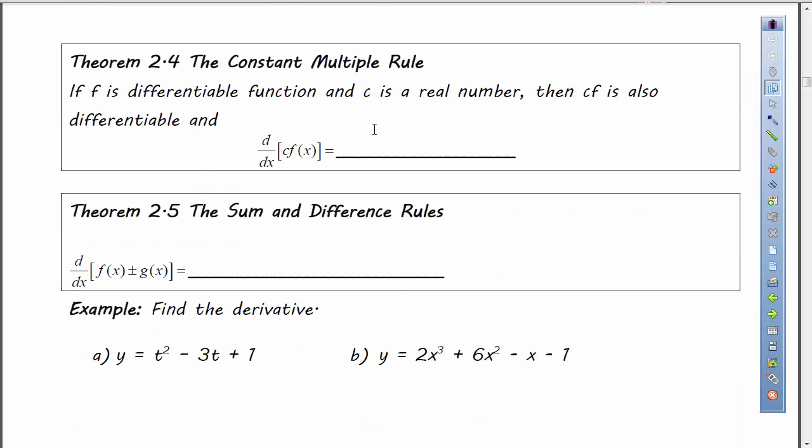All right. I've been using Theorem 2.4 already.